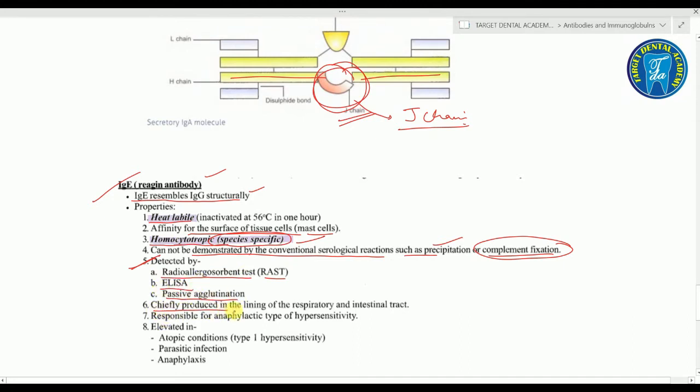It is chiefly produced in the lining of the respiratory and intestinal tract, and it is responsible for the anaphylactic type of hypersensitivity. It is elevated in atopic conditions like type 1 hypersensitivity, parasitic infection and anaphylaxis. In these you can see an elevated level of IgE.